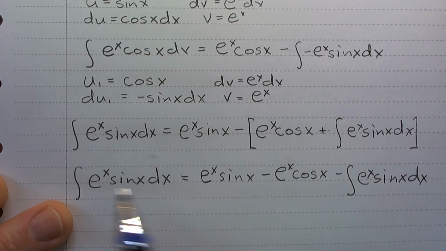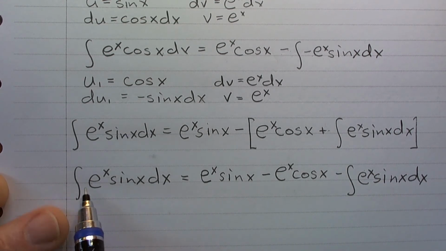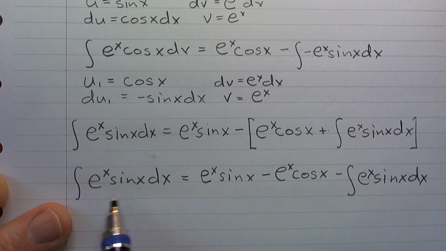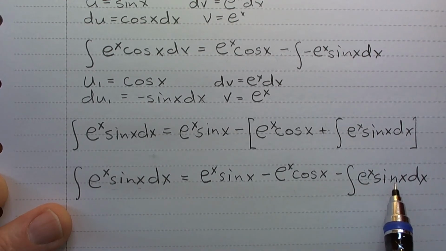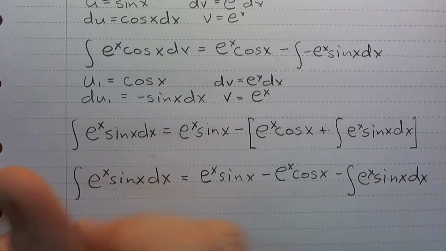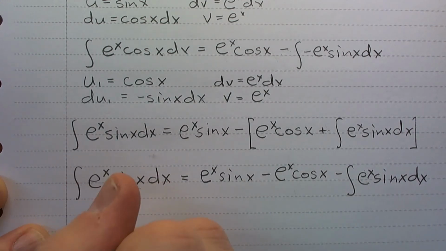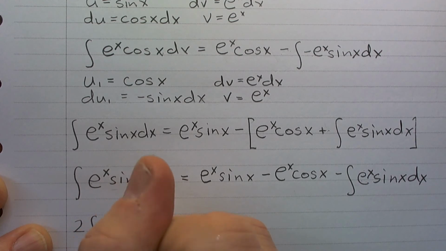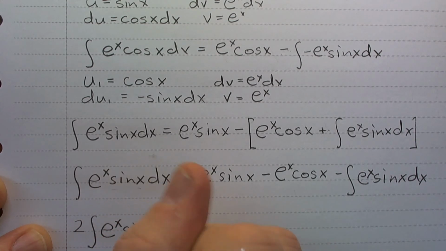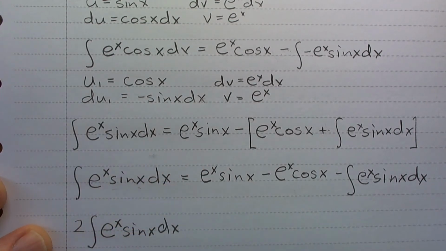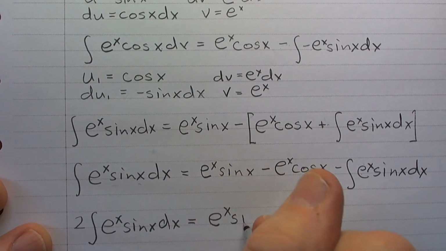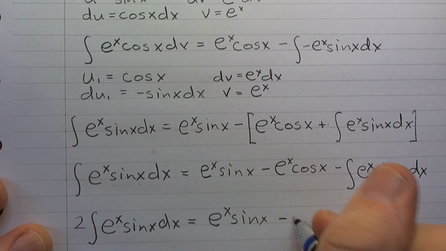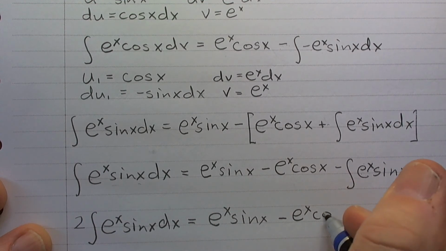But notice, just thinking about algebra, we've got this and this. Why don't I just add this to both sides? The integral of e to the x sine x. These are like terms. So dig this. We've got 2 times the integral of e to the x sine x equals e to the x sine x minus e to the x cosine x.